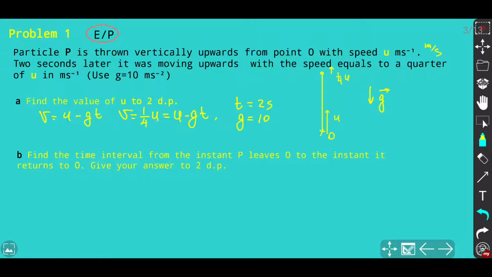First of all, let's split the variables. gt is known in this case, but u we can combine with u on the right side, and it's going to be 3/4 of u equal to gt, from where we can express that u finally is going to be 4gt over 3.